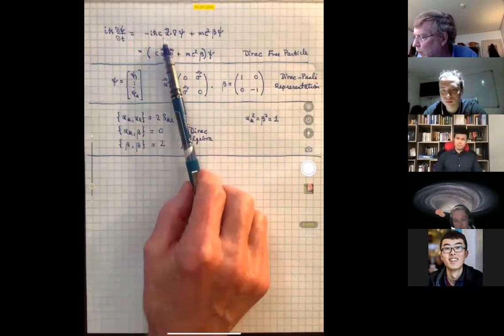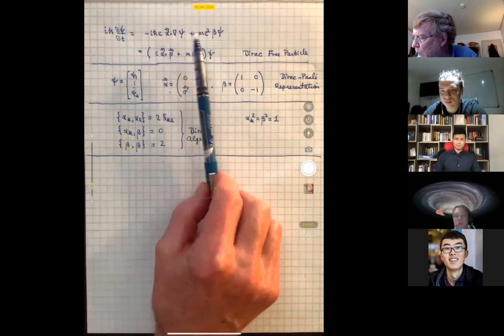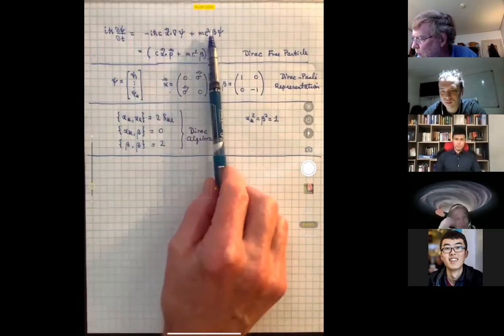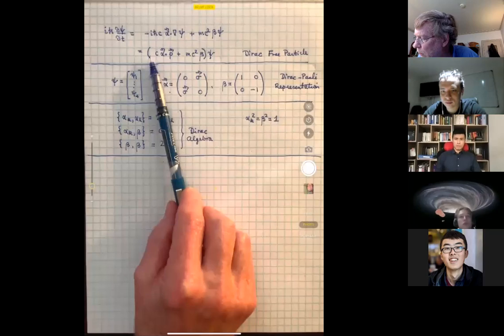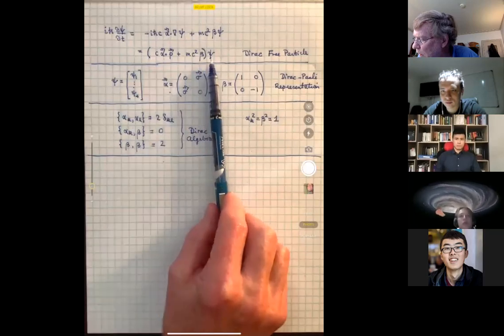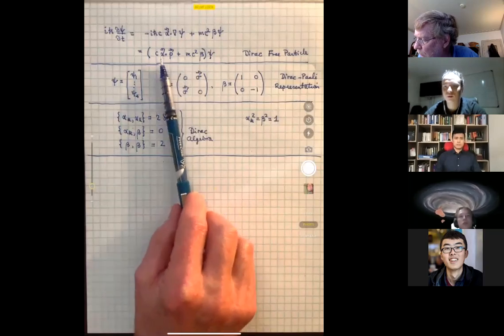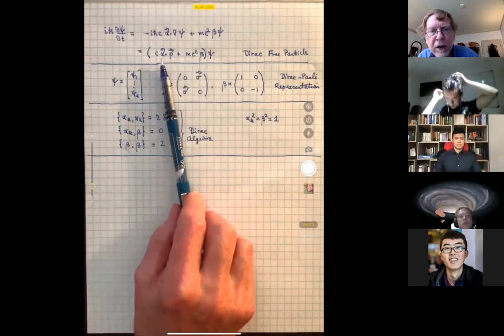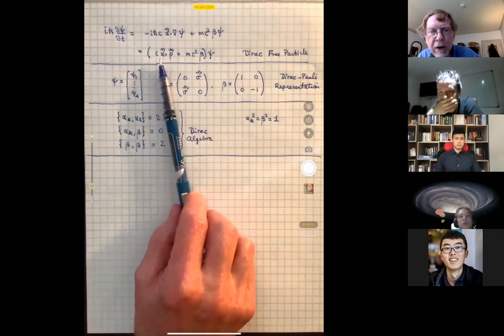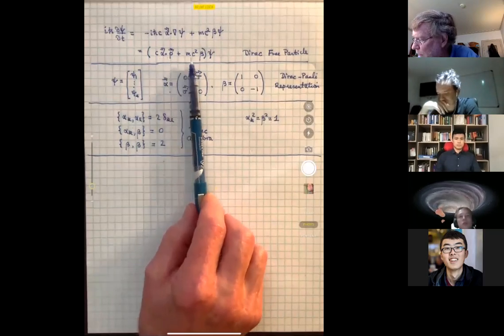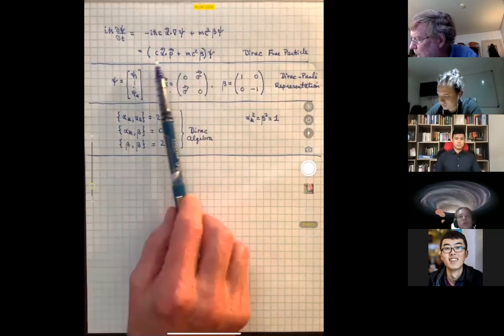It's got matrices alpha, a vector of matrices alpha, and a scalar matrix beta, which take part in the equation like this. The right-hand side can be written as a Hamiltonian multiplying psi, where the Hamiltonian is what you see in the parentheses here. Alpha dot p is a product of a vector of matrices, now 4-dimensional Dirac matrices, dotted into the usual 3-dimensional momentum. And then mc squared beta, beta is this constant matrix here.